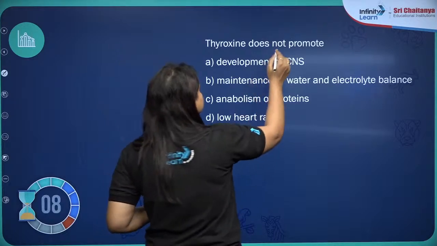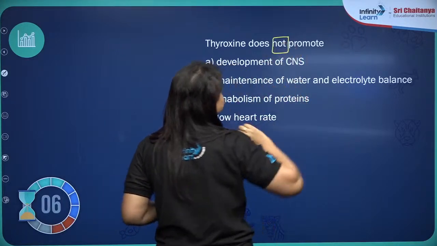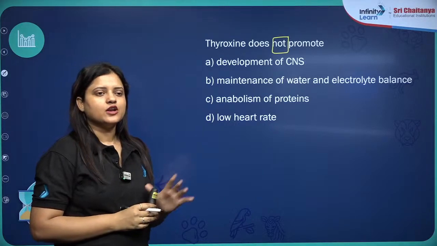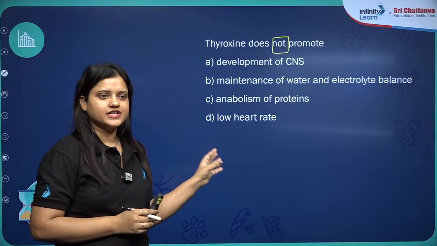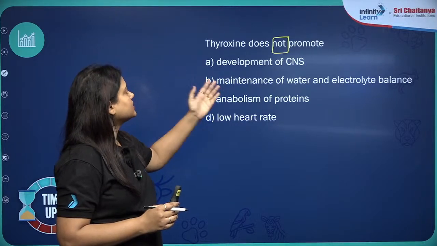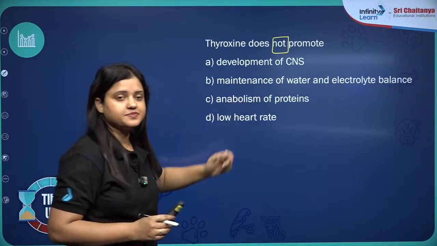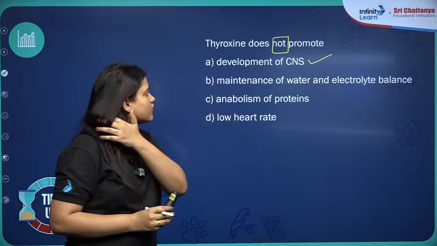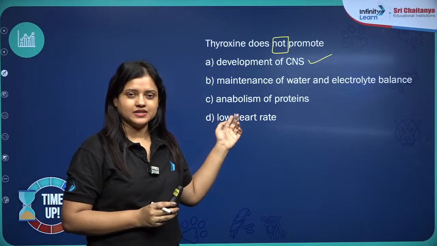Thyroxine again does not promote. Thyroxine is the name of T4, tetraiodothyronine, right? So what does it do? Development of CNS. Yes, it plays a very important role in the development of CNS. Maintenance of water and electrolyte balance.